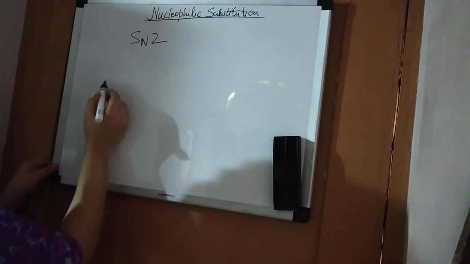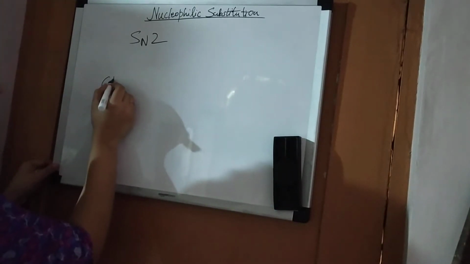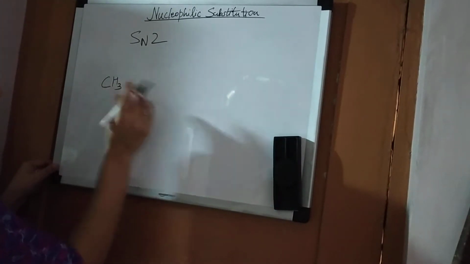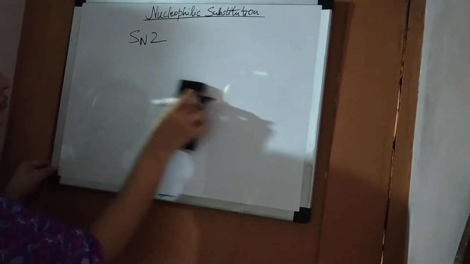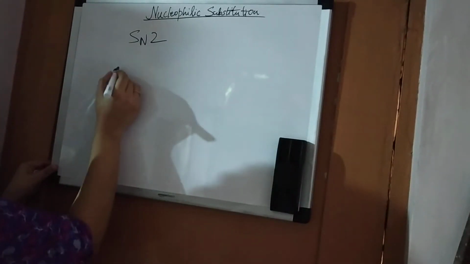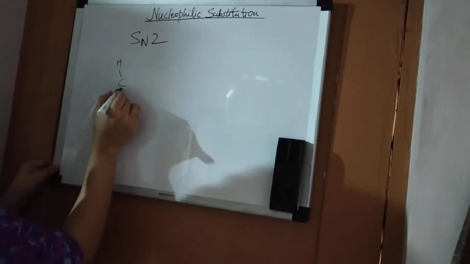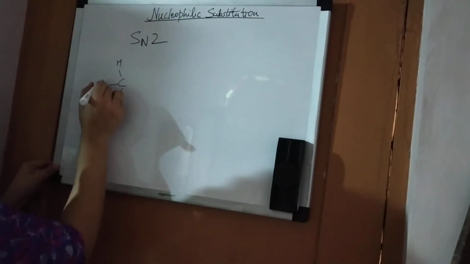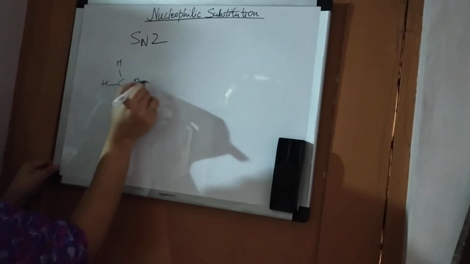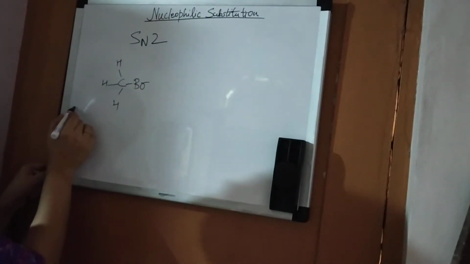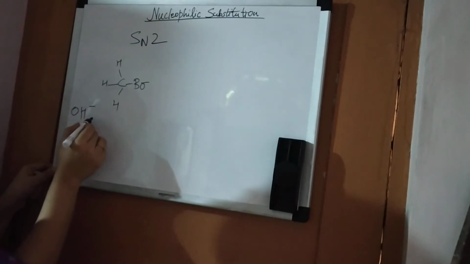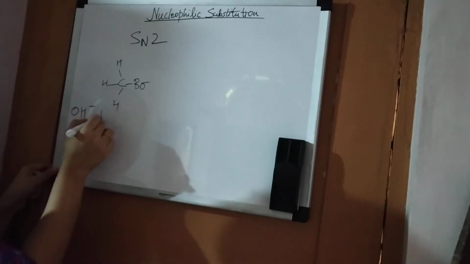Let us take an example of methyl bromide. I'll draw this. This is methyl bromide, and OH negative, the nucleophile, is reacted with it.